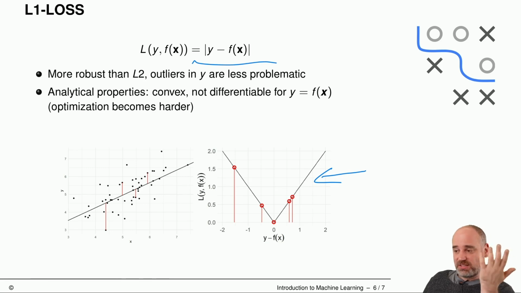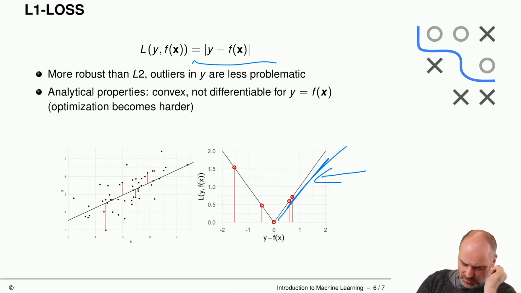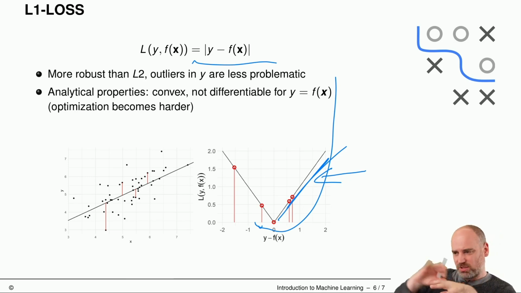So if I have outliers in Y in my data set, L2 loss minimization is really going to try to take care of these outliers, which is usually what we don't want, because we don't want to focus our estimation on these usually erroneous outliers. L1 loss is much less sensitive to this because the loss is not going to go up quadratically and shoot up like this, it's only going to go up linearly, and this makes it more robust.